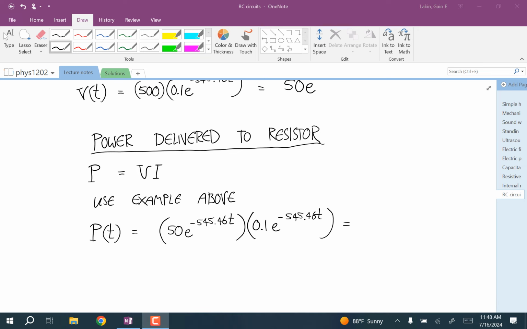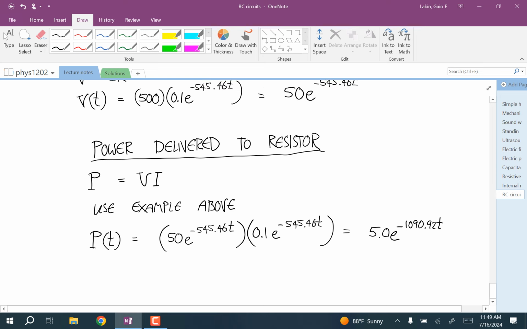And using the exponent rules, we have 50 times 0.1 is 5 times e to the negative... Here's where the exponent rules come into it. This is the same as e to the sum of those two exponents. So this is negative 1090.92 t.